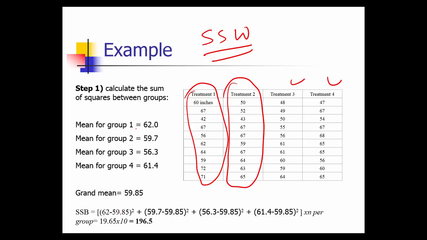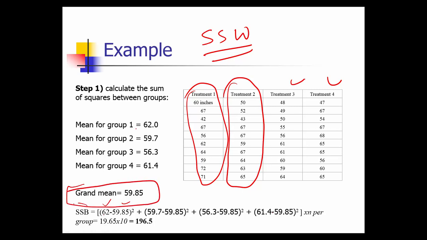That means how far the observation is from the mean, then you take the square, do that for each observation, and add them up, and then you get the SSW. We also calculate the grand mean, which is 59.95.